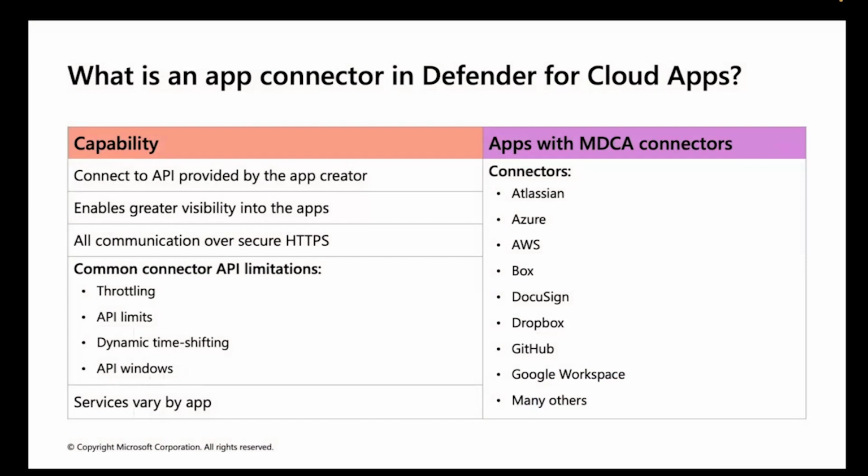But there are many application connectors, like Microsoft 365, Azure, Atlassian, AWS, Box, GitHub, Dropbox, DocuSign, and many others. So these are different kinds of connectors available, but if you want to connect a third-party application, you should have a proper ID and password for authentication and authorization.